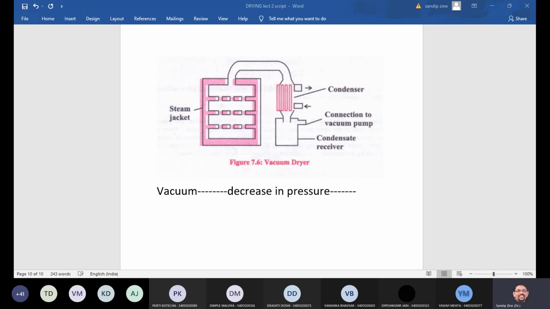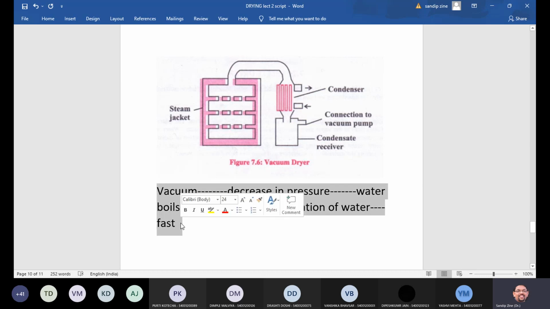And once the pressure gets decreased, what will happen then? Water gets boiled at low temperature. And once the boiling of this water starts at a low temperature, then the evaporation of water takes place faster, or the evaporation of water will become fast, isn't it?